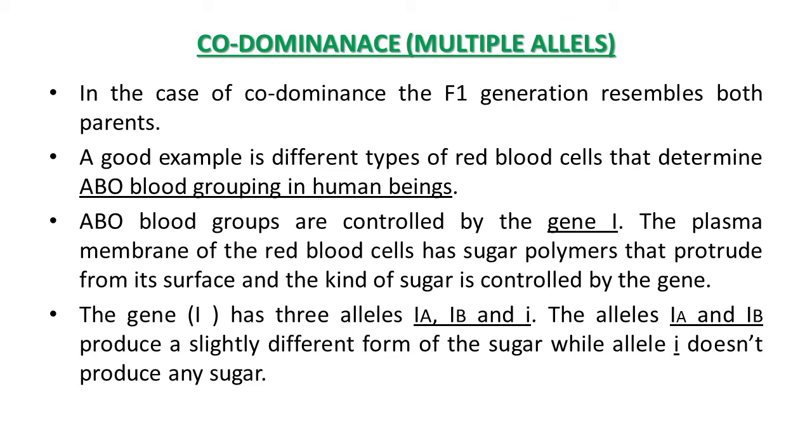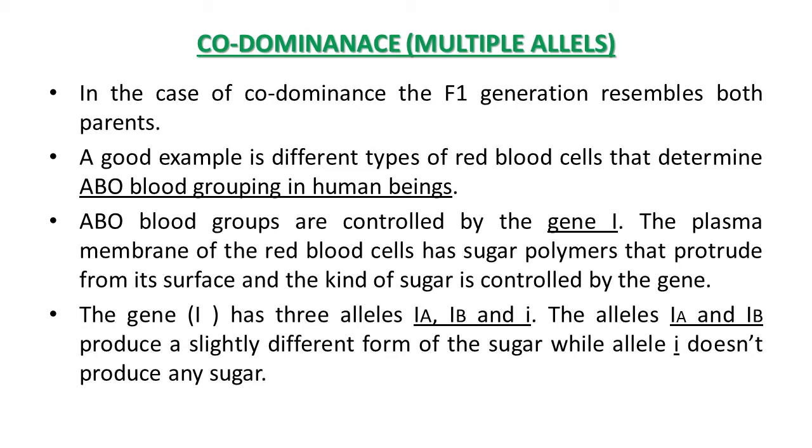An example to study here, which is very convenient and a very routine example, is the different types of red blood cells that determine the ABO blood grouping in human beings. As you know, in human beings, blood grouping is known as the ABO type of blood grouping. The possibilities of blood group are A, B, AB or O in humans.